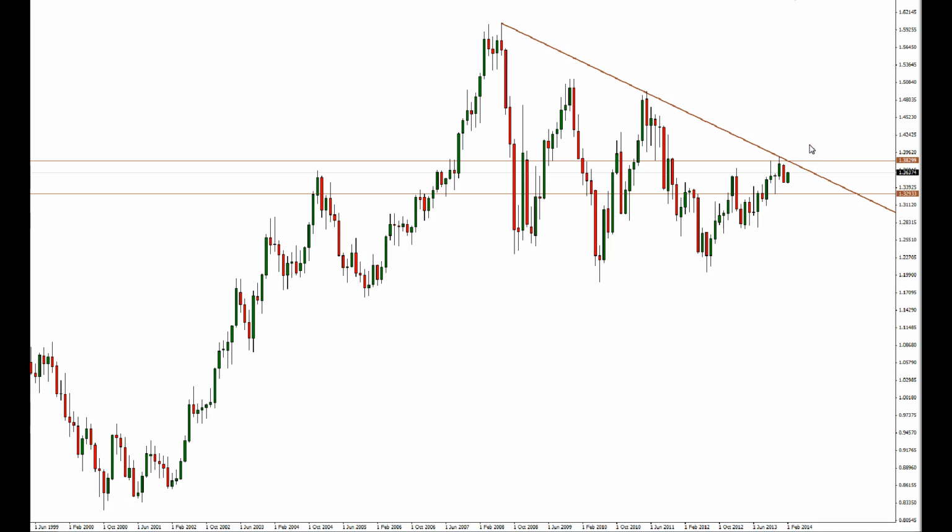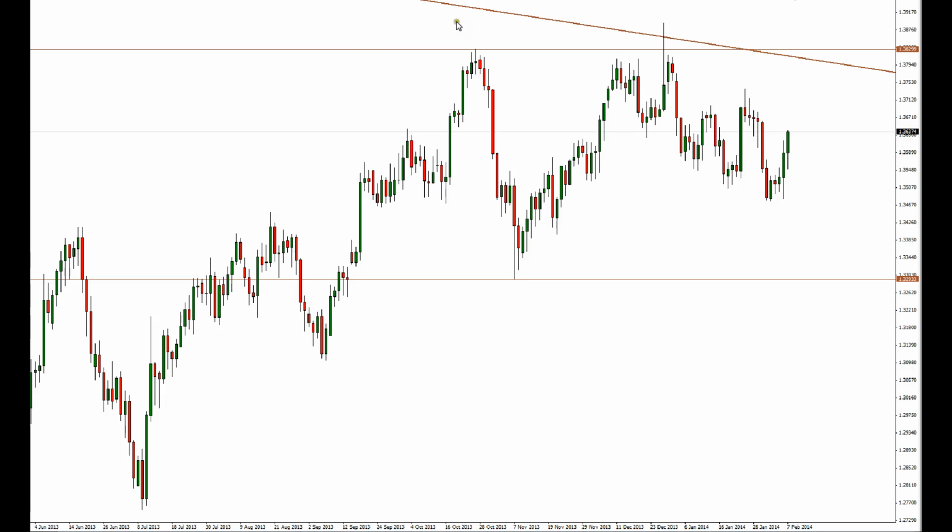Can we see the daily, so we see the range market while we are here? Here it is. Yes, the double top, triple top actually. Yes.